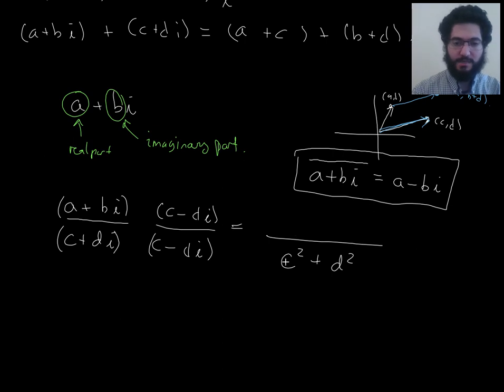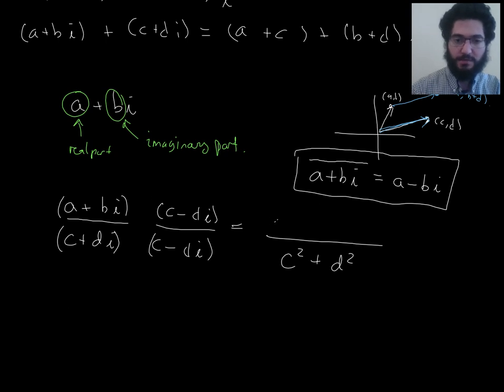See if you can work this out and convince yourself. C plus DI times C minus DI ends up being C squared plus D squared. If you just do the algebra, FOIL it out, distribute, you actually get this. You might think you'd get something plus I times some other thing, but no, you just get this plus I times 0. So that's why it works.